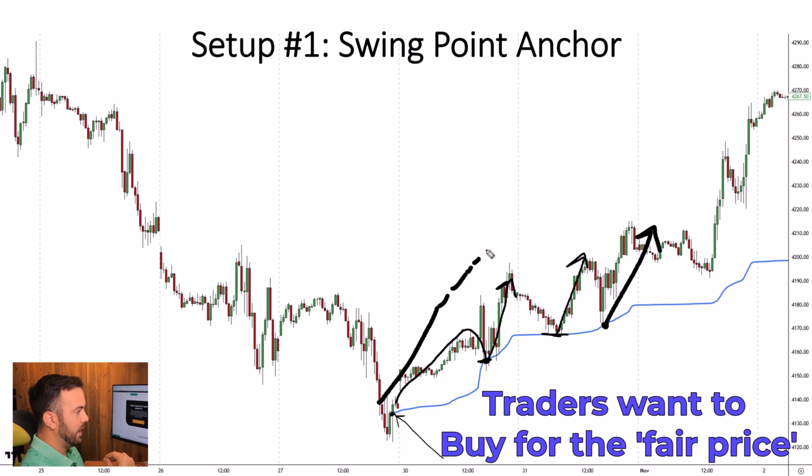The price is moving up, but they don't want to buy, for example, in here. That would be too expensive. It's not a fair price. At this point, fair price was represented by the VWAP, right? So they want to buy for a fair price.